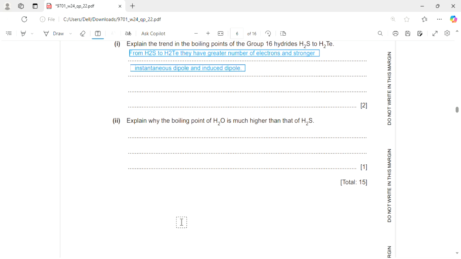Explain why the boiling point of the H2O is much higher than that of the H2S.